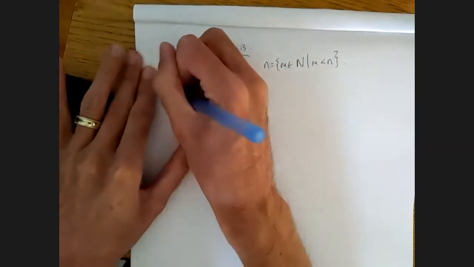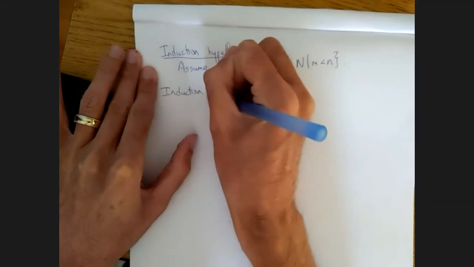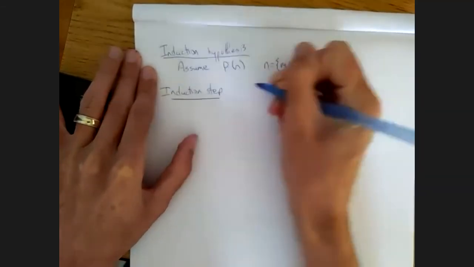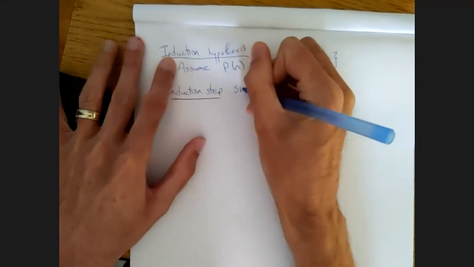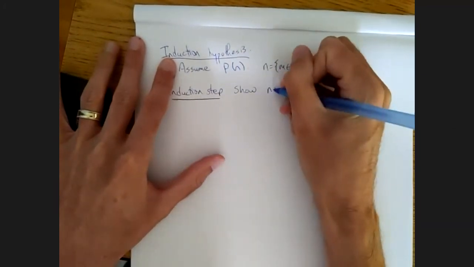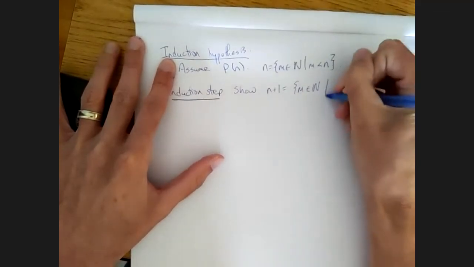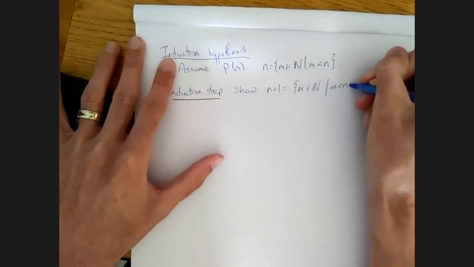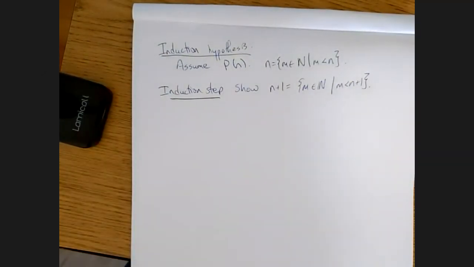And our induction step is to show P of n plus 1. We have to show that n plus 1 is the set of all natural numbers which are less than n plus 1. We have some things we've already shown.